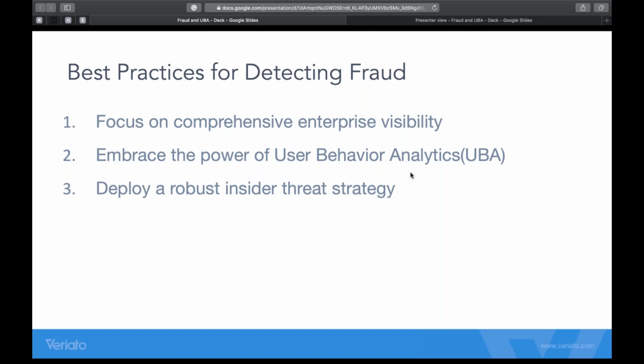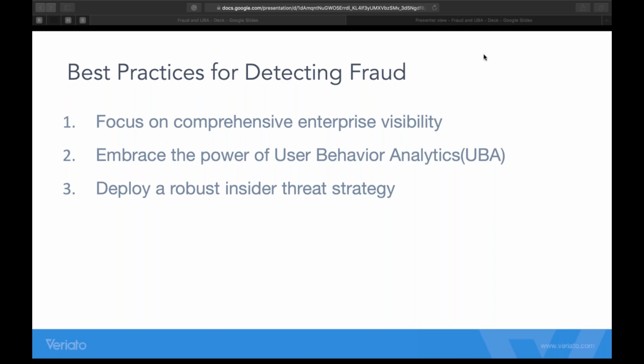Yeah, absolutely. So I think these three buckets are great places to start. Enterprise visibility is super important, because these attacks, especially like they're stemming from insiders who know the ins and outs of systems, it can be very difficult to accurately detect, right?